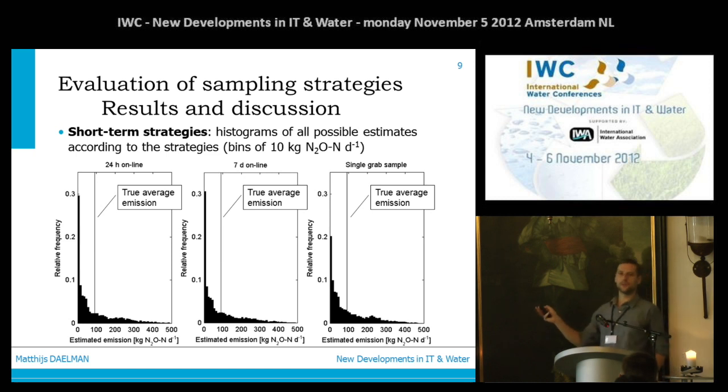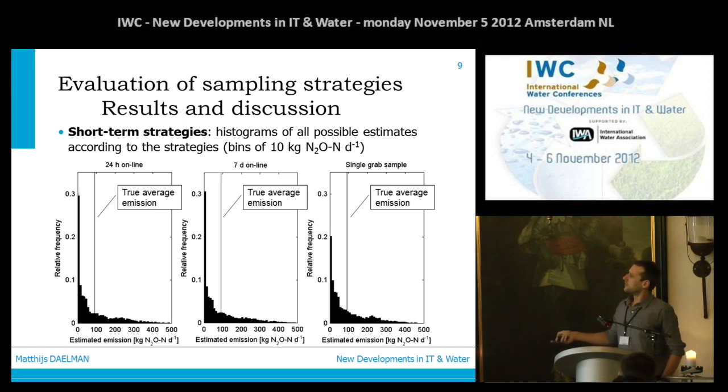If you look closer, you can see that the chance to end up with an estimate of 50 instead of 91 is almost between 50 and 60%. While the chance to end up with a very high estimate of 200 or 300 kilograms of nitrous oxide per day is in fact not that much lower than the chance to end up with an estimate that's close to the actual true emission.